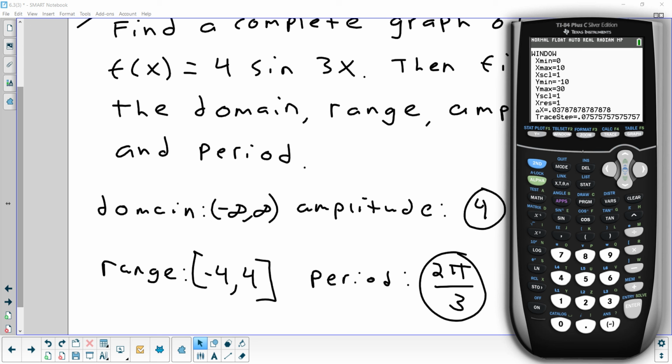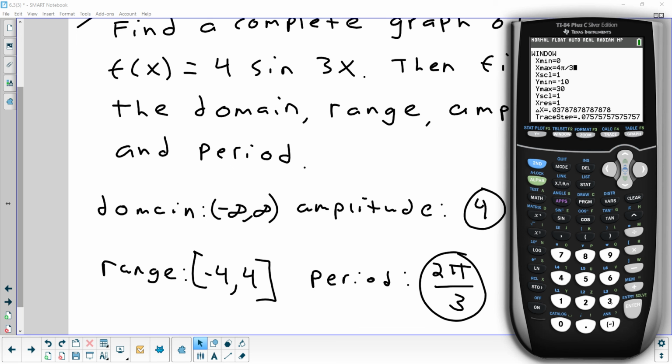Isn't it 2 pi? No, we did a period change in this one. What was the period we found? Oh, 2 pi over 3. 1 cycle is 2 pi over 3. So how much would 2 cycles be? 4 pi over 3.